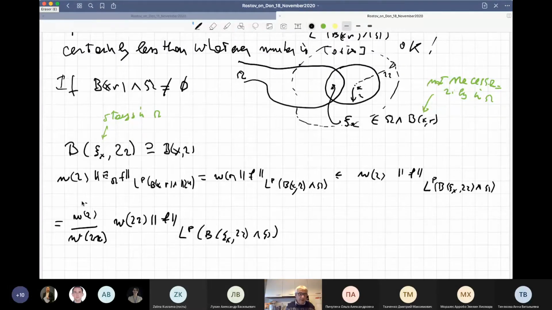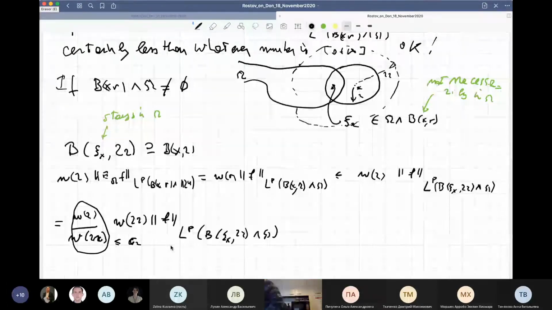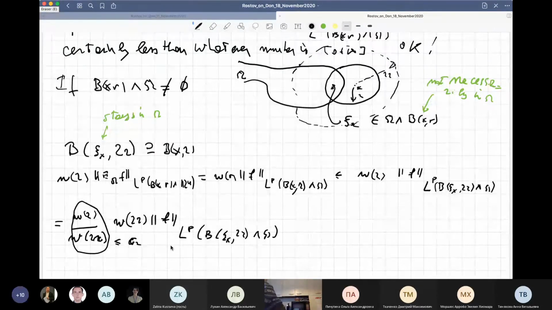Okay, now what I do exploits that W_R is not 0. So I divide by W_2R. Okay, but this number here is less or equal than sigma_R times the supremum.